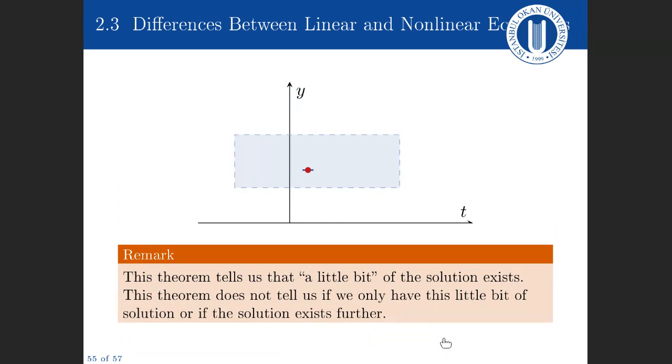It doesn't tell us if we only have this little bit of solution or if the solution exists further. It's possible that we only have this little bit. It's possible that the solution exists on all of the rectangle. It's possible that the solution exists outside the rectangle as well, but we don't know. All we know from this theorem is that there's a little bit of solution existing and that the solution is unique here.